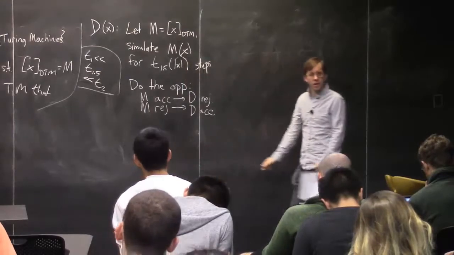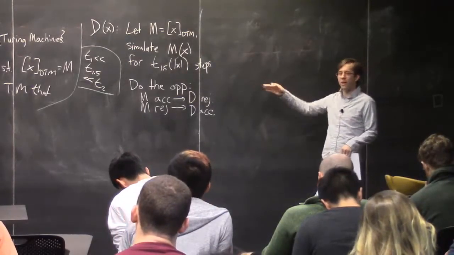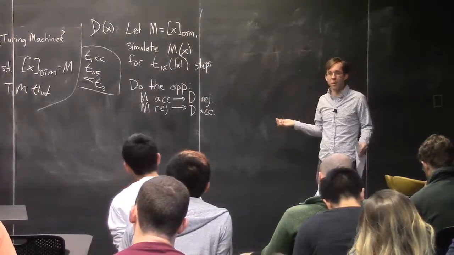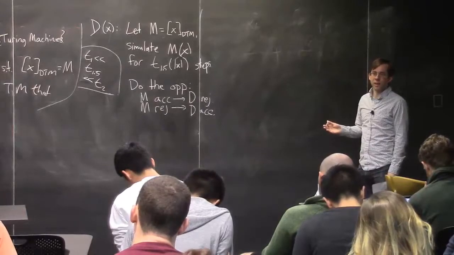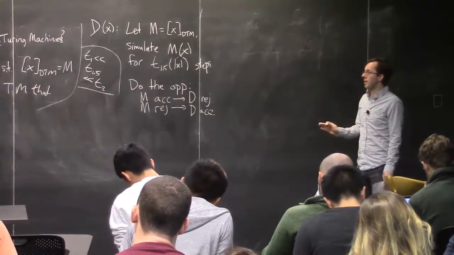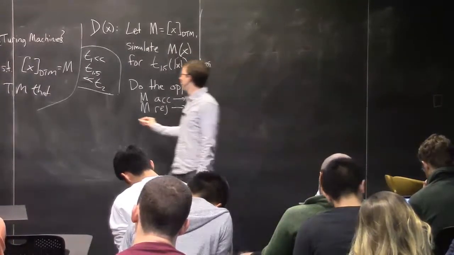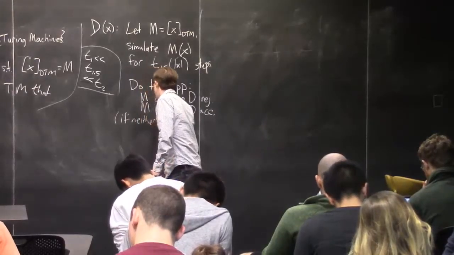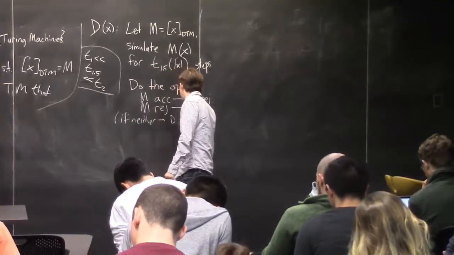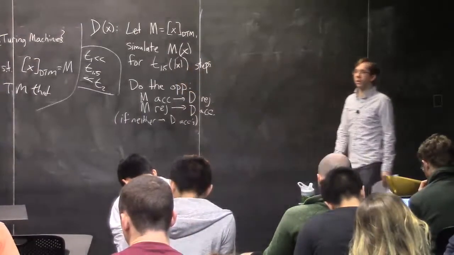And of course, there's a third possibility: that M, after t 1.5 steps, hasn't accepted or rejected yet. In that case, it doesn't matter what D does. But for concreteness, you have it do something, so let's say if neither, D can accept. We'll see in the proof it doesn't matter what you do here.